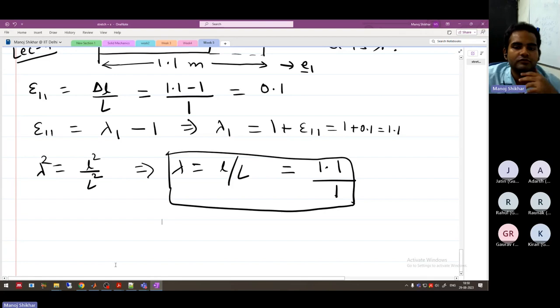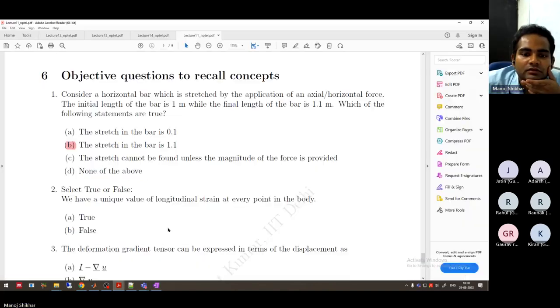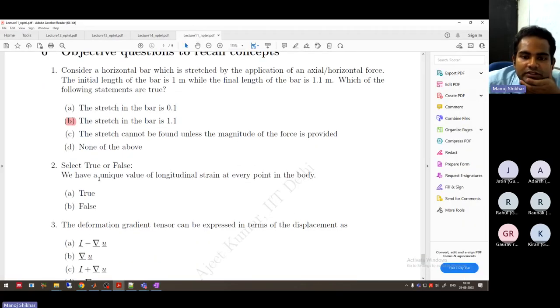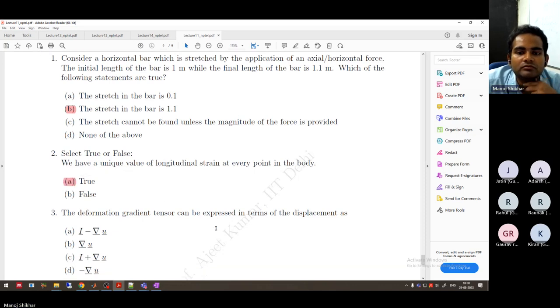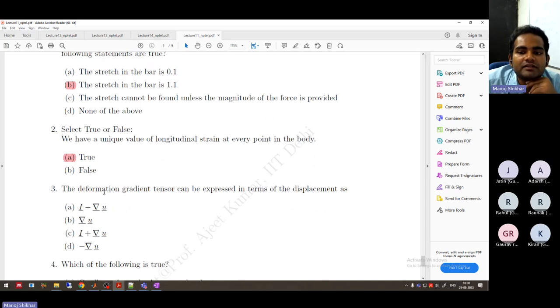Now let's move on to other questions maybe. So it is telling select true or false. We have a unique value of longitudinal strain at every point in the body. True. Because this is a point thing, like the strain is a point thing.